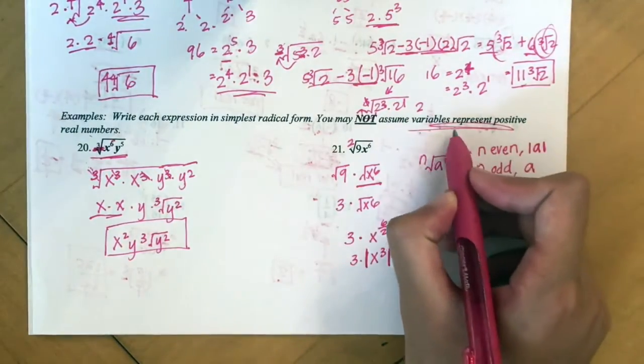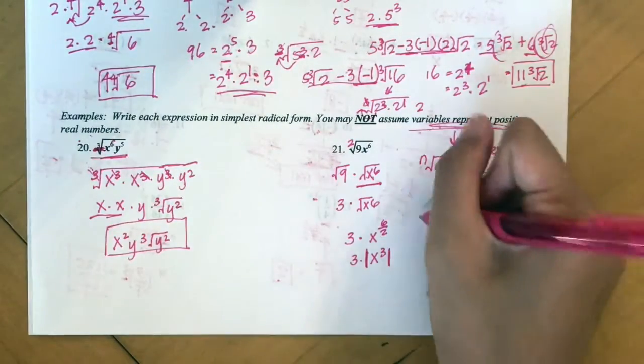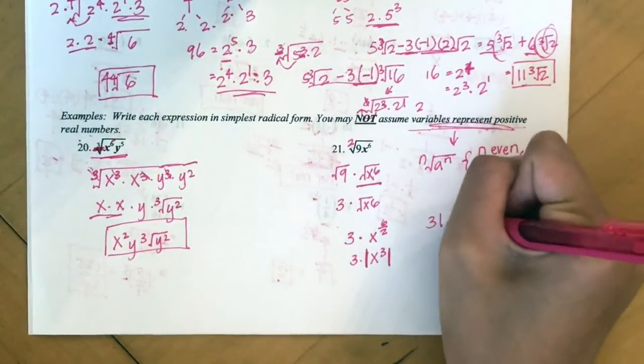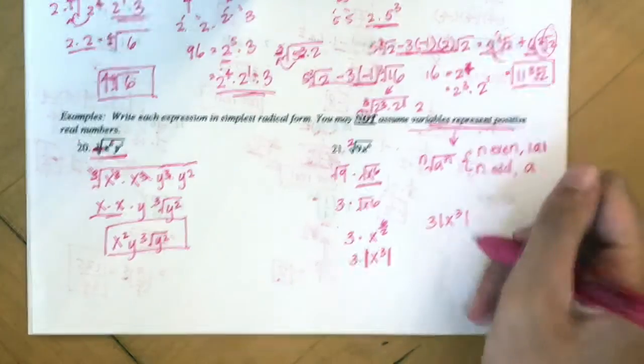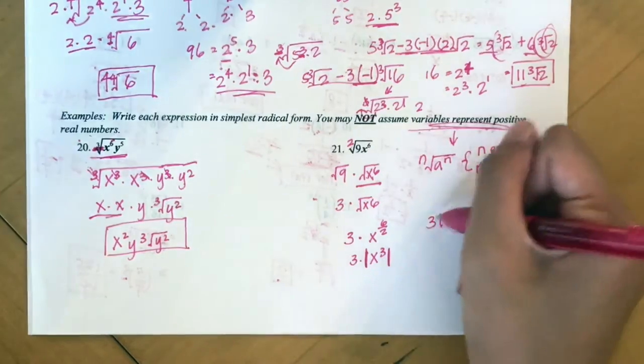So what you should get as the final answer is 3 times x to the third power, with absolute value bars around x to the third.